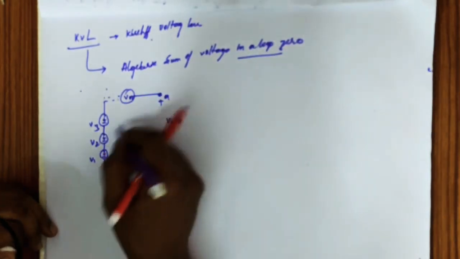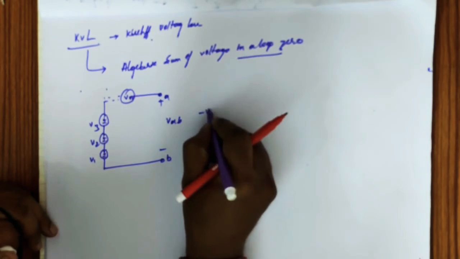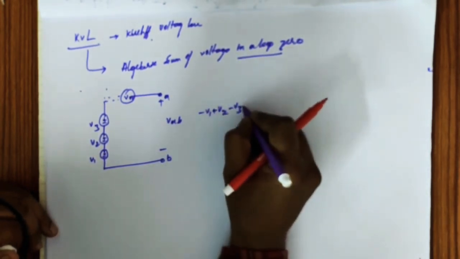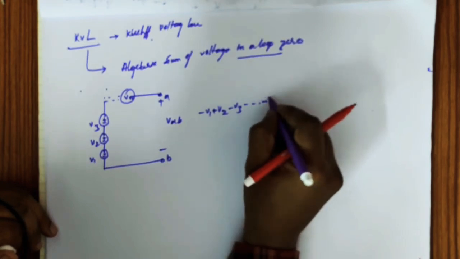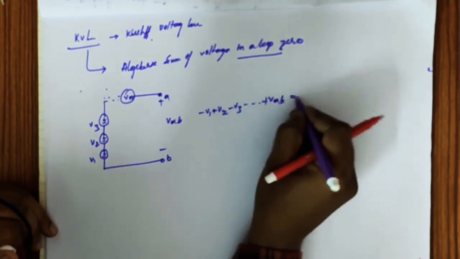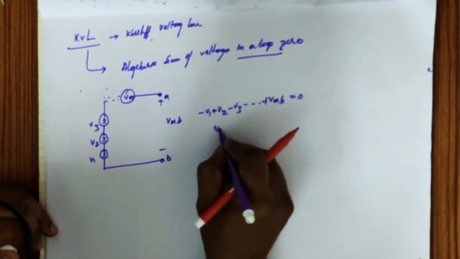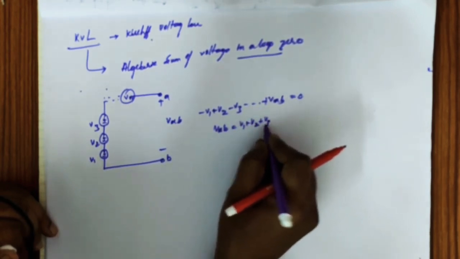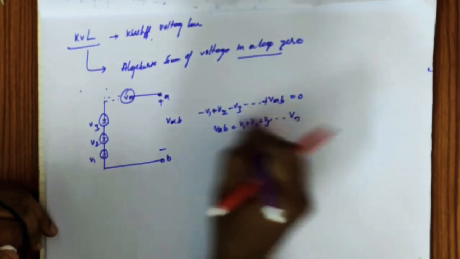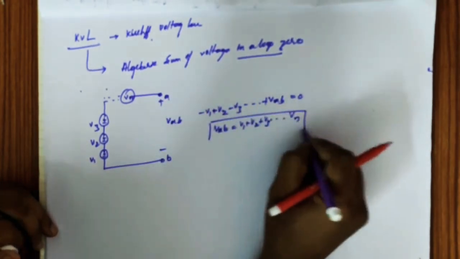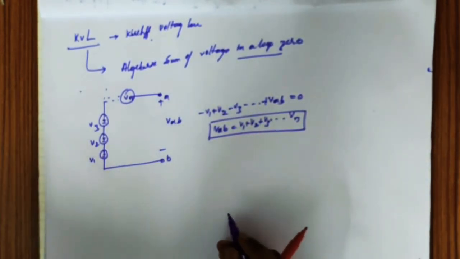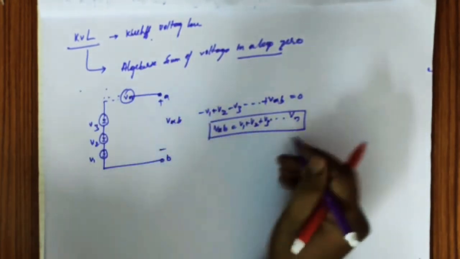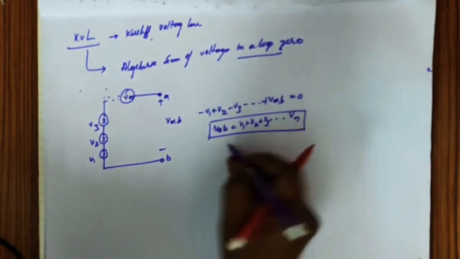By this formula, the algebraic sum means minus V1 minus V2 minus V3 and so on up to Vn plus VAB equals 0. So VAB equals V1 plus V2 plus V3 up to Vn. This is what we get by KVL: the algebraic sum of voltages in a loop is equal to 0. So we got this form.